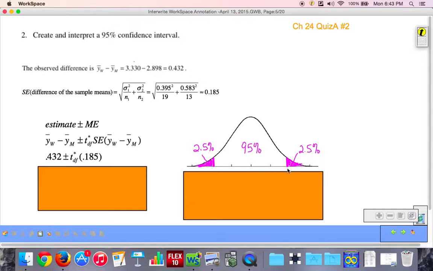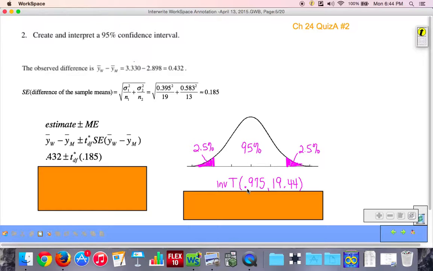To get the critical t value, we need degrees of freedom. In the last problem we calculated the degrees of freedom as 19.44. We're going to use our inverse t function. Here's the area under the curve, 0.975, and comma, remember always degrees of freedom when you're talking about a t distribution. So we plug into our calculator.